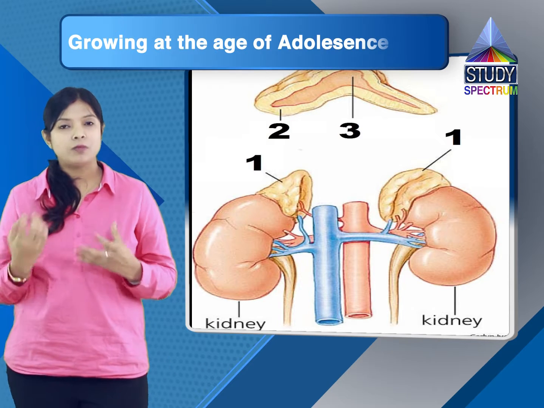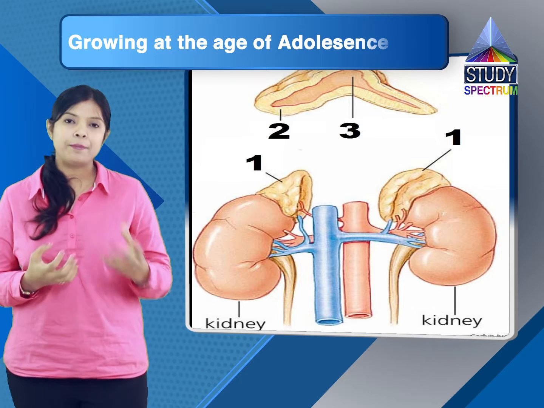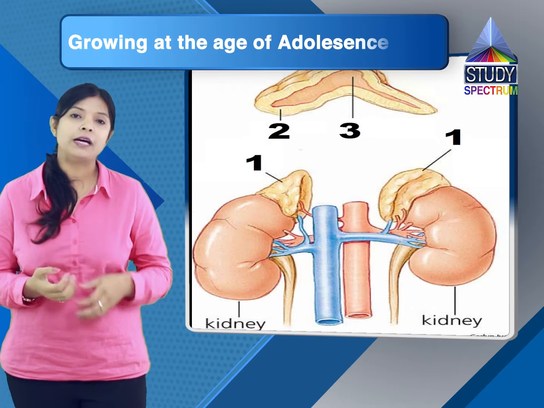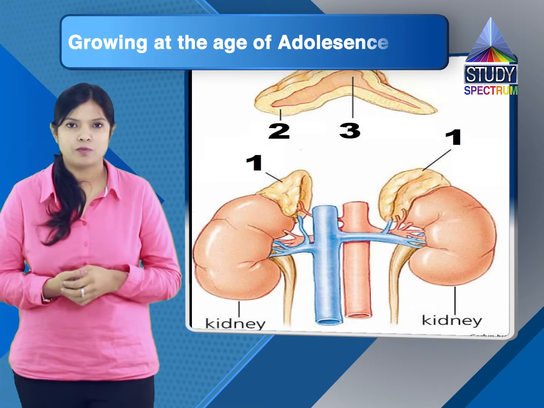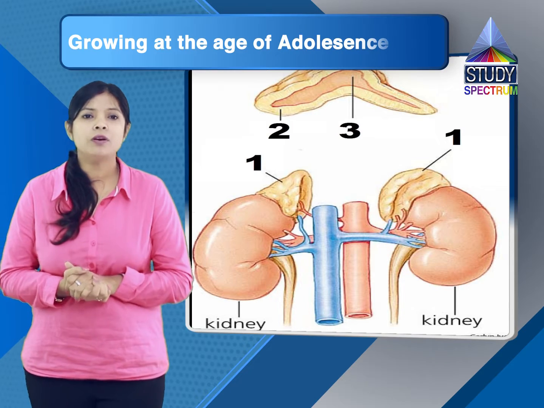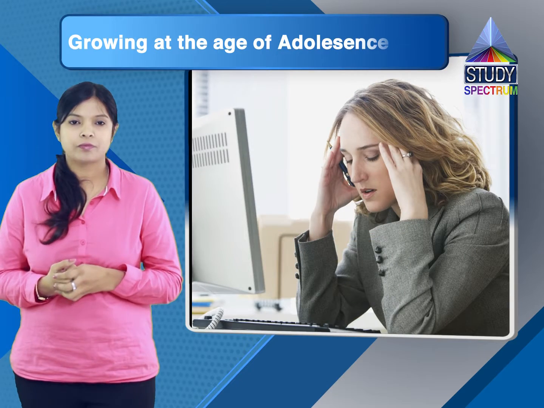So what hormone is secreted from the adrenal gland? This is epinephrine or adrenaline. This hormone is called the fight or flight hormone. Why is it called the fight or flight hormone? Because it acts in a stressful situation.